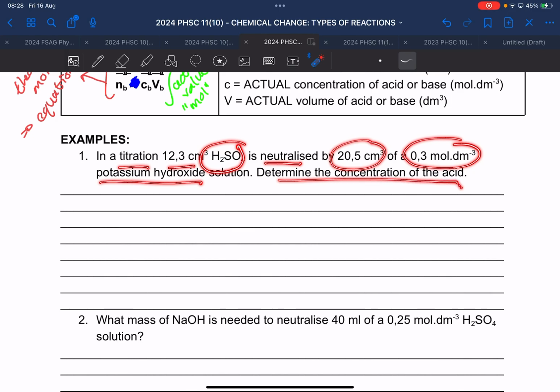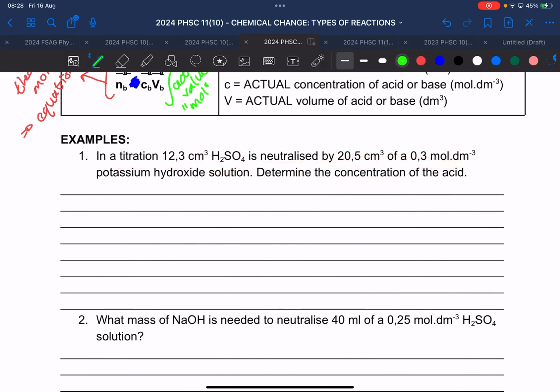Okay, so we don't know this concentration. You start with your info table. You're going to have mole acid, mole base, concentration acid, concentration base, volume acid, volume base. Zara, give me any information I can put in here.